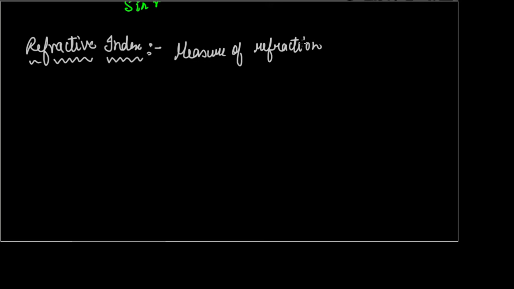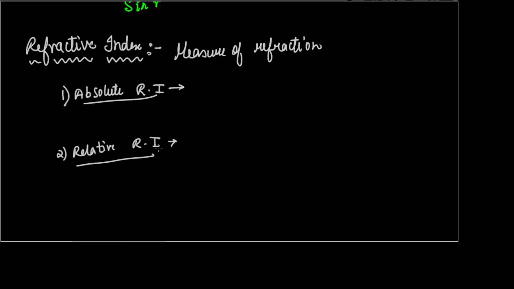That measure of refraction is called refractive index. There are two kinds of refractive indices: one is absolute refractive index, second is relative refractive index. We are going to discuss each of them.